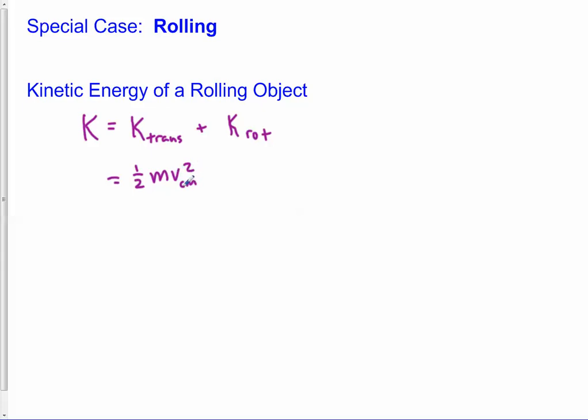Again, this is just the speed at which it's rolling, not taking the spinning into account, just the speed that its center is rolling at. Plus the rotational, which we know is 1/2 I omega squared. Okay, so that's our formula for the kinetic energy, but we're going to get this simplified a little bit.